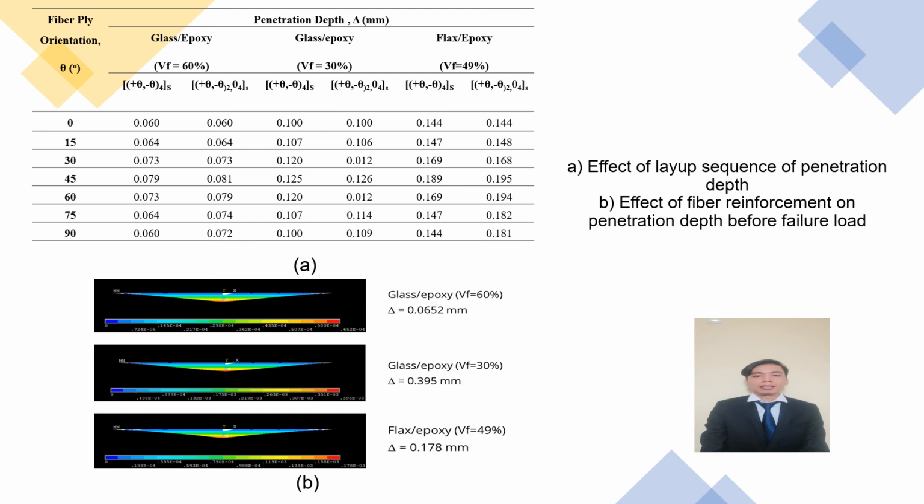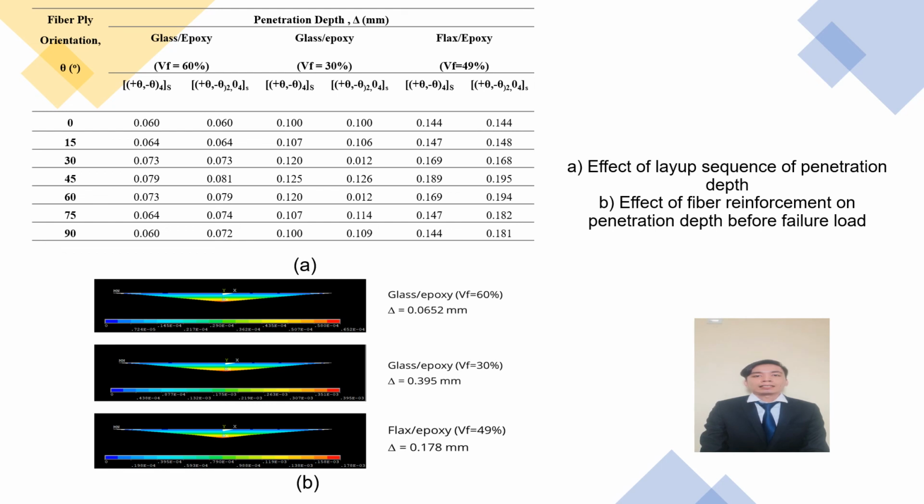From table B, it shows the effect of fiber reinforcement on penetration depth before failure load. These three results show the comparison of penetration depths obtained from different composite specimens with a layup sequence of 45, negative 45 with a load of 500 Newton per meter.